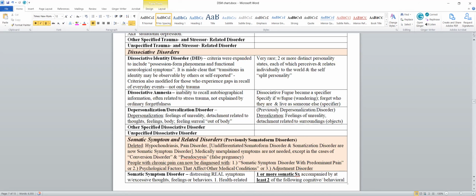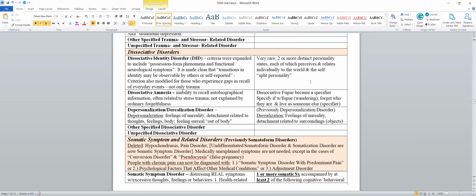For dissociative identity disorder, the criteria were expanded to include possession-form phenomena and functional neurological symptoms. It is made clear that the transitions in identity may be observable by others or self-reported. The criterion was also modified for those who experience gaps in recall of everyday events, not only trauma.